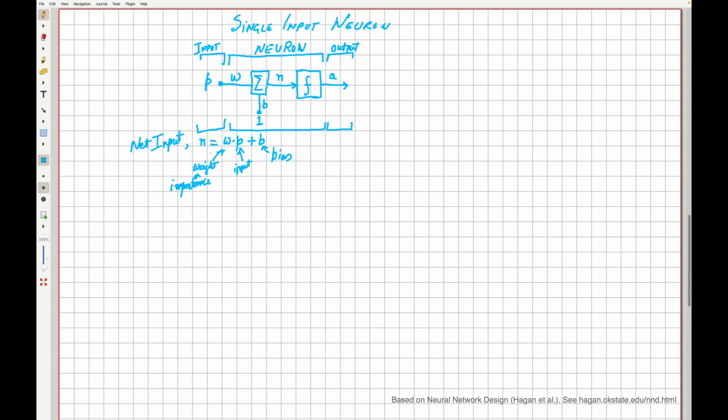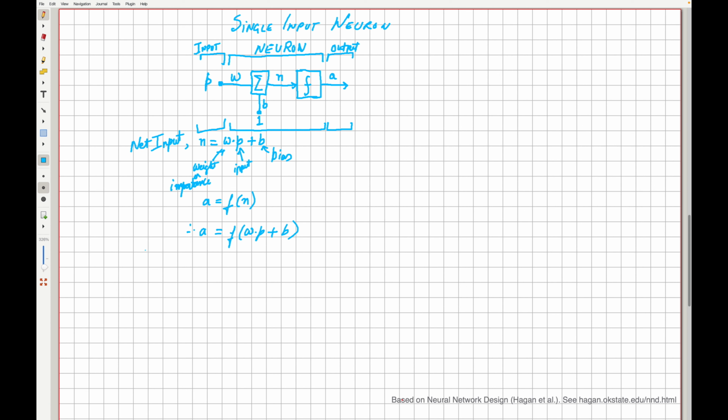So once we have the input, the net input can then be brought into the function. So we can say to get the value of f, we need to put the n in the transfer function, and so essentially a is nothing but f, which gets the input w times p plus b.